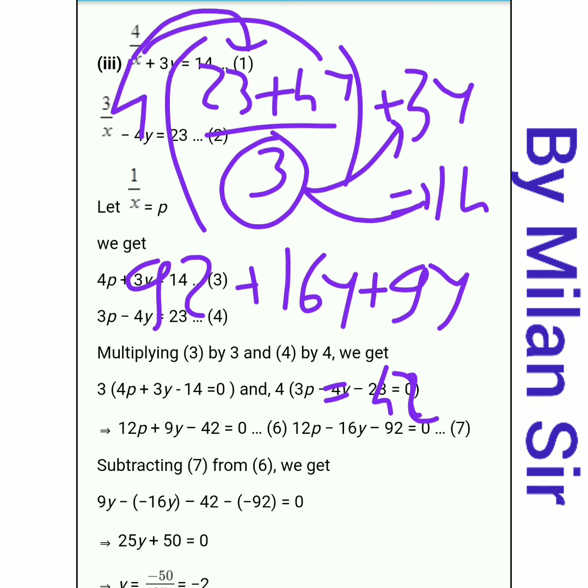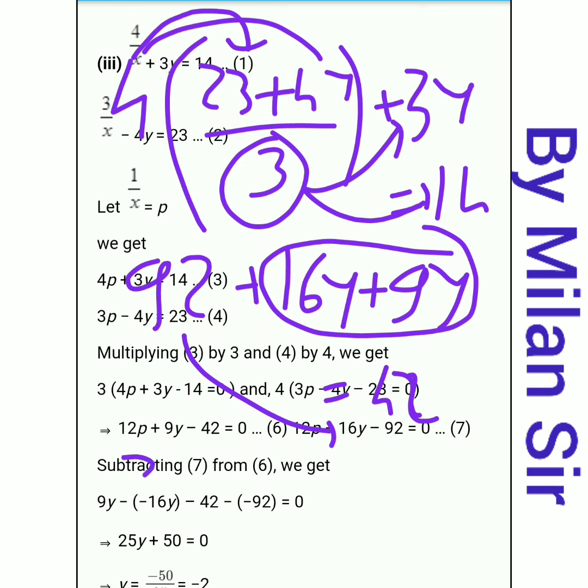Okay, so transfer this 92 to the right hand side, and here 16y plus 9y. 16y plus 9y it is 25y. Right hand side 42 is already there, and if we transfer plus 92 to the right hand side, it becomes minus 92.